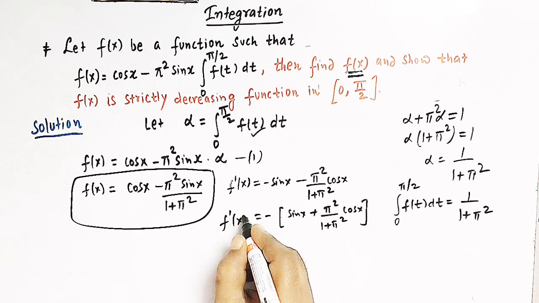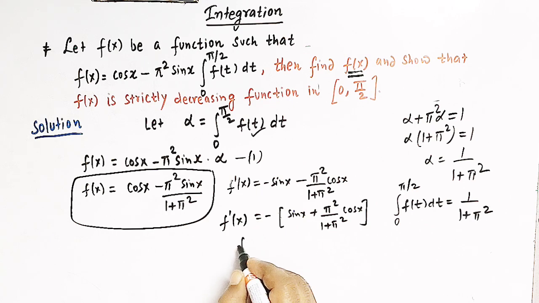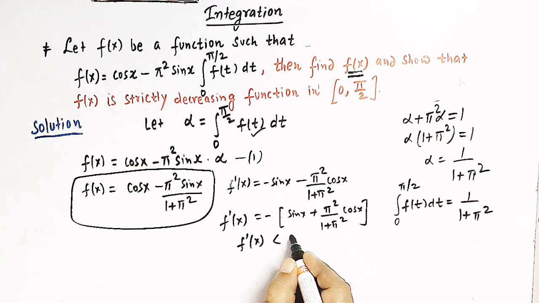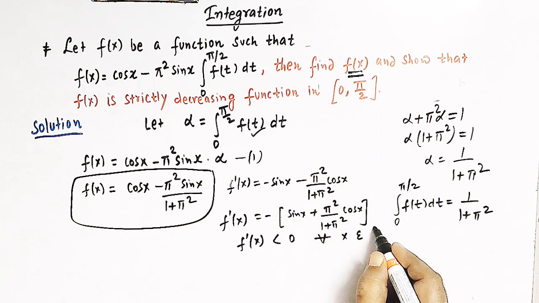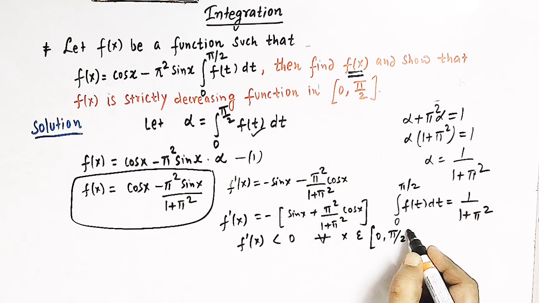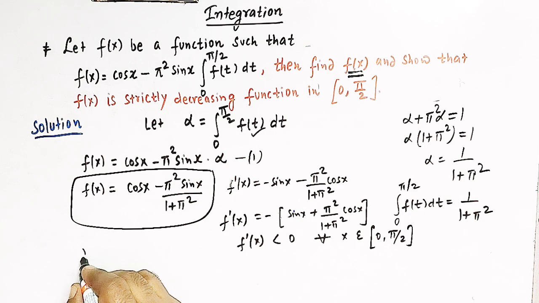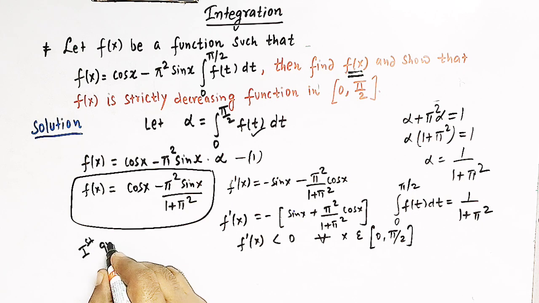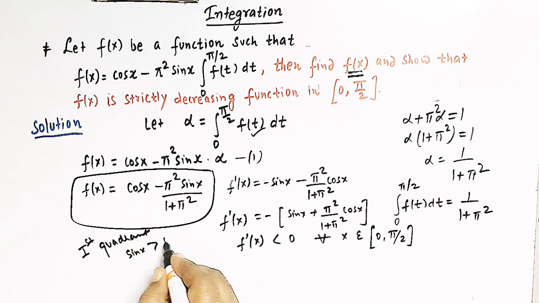Right. So from this expression we can see that f prime of x is going to be less than 0 for all values of x belonging to this interval, that is 0 to pi by 2, because this interval gives us the first quadrant, and in the first quadrant sine x and cosine x are both positive.